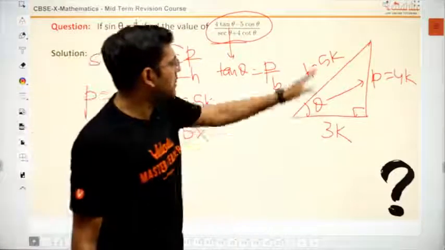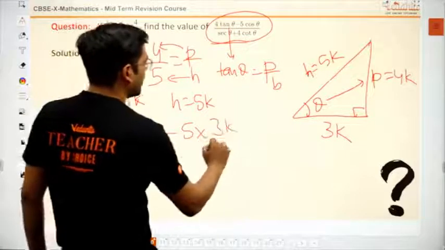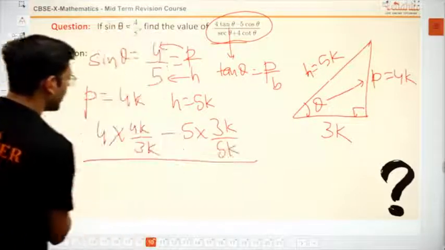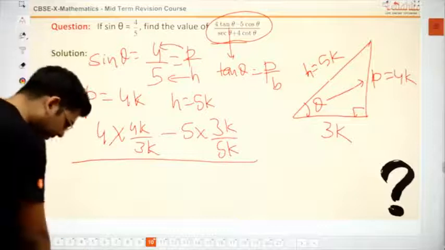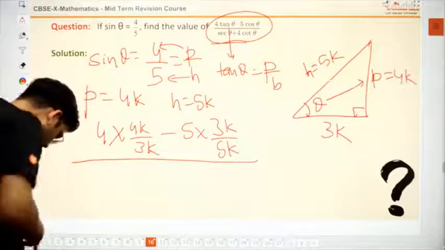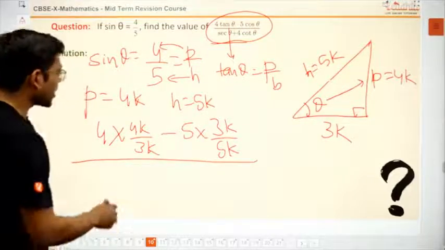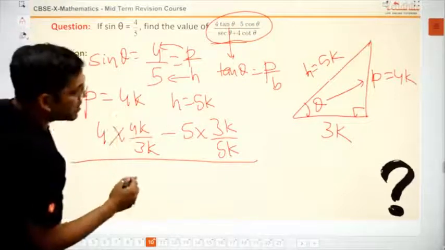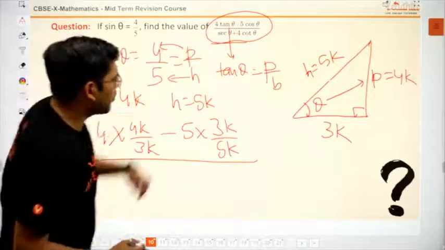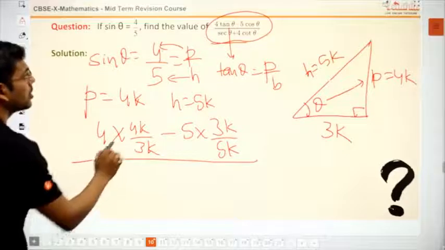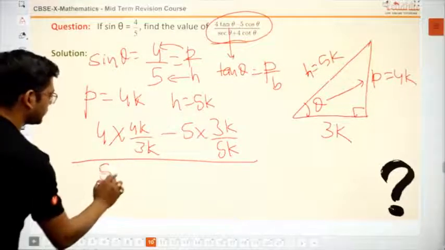Cos theta is base by hypotenuse, 3K by 5K, divided by sec theta. What is your problem here? Sec theta is the reciprocal of cos theta. Reciprocate it, means you will get 5 by 3.